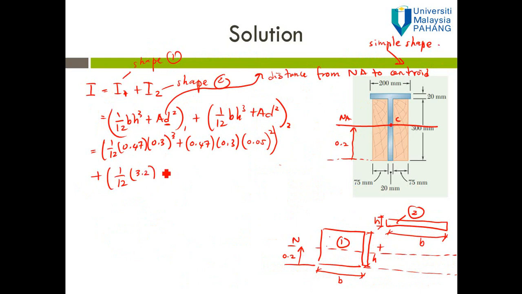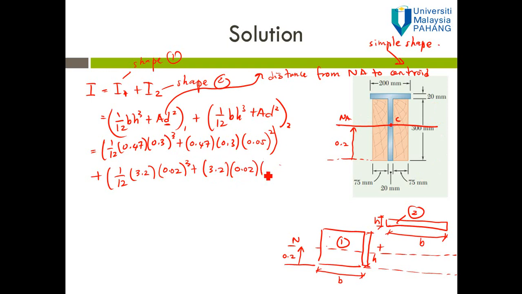And then H is here. H is 0.02. So 0.02 power of 3, plus area equal to 3.2 times 0.02 and H.